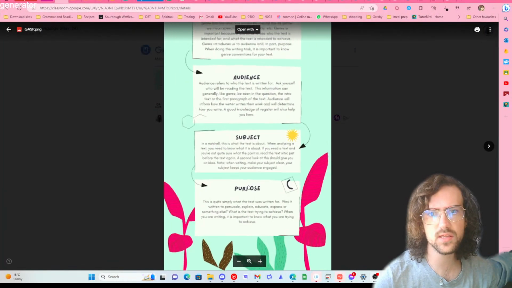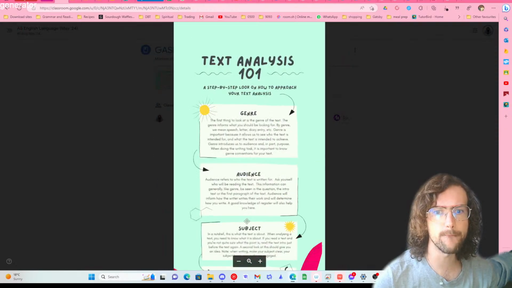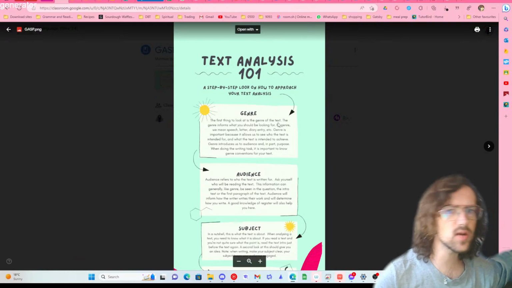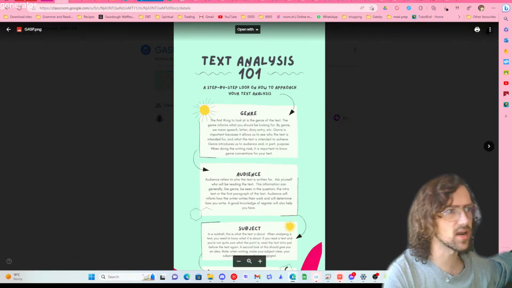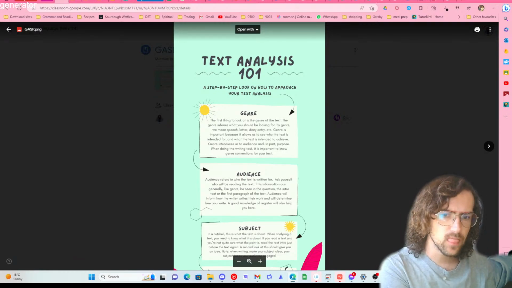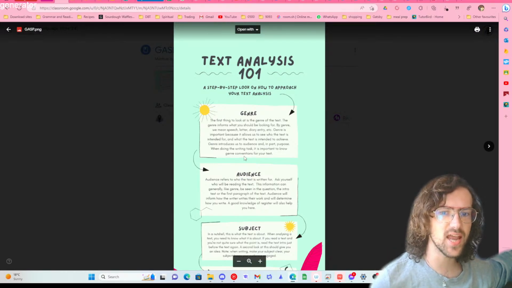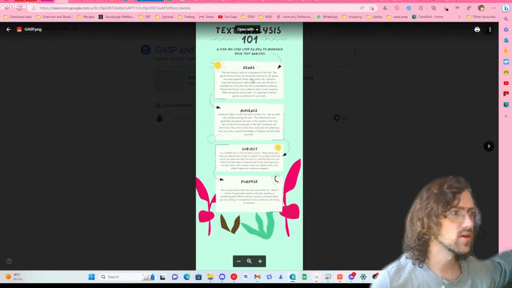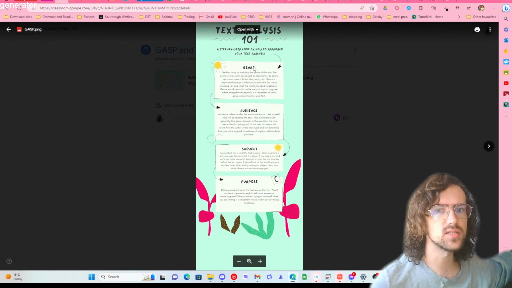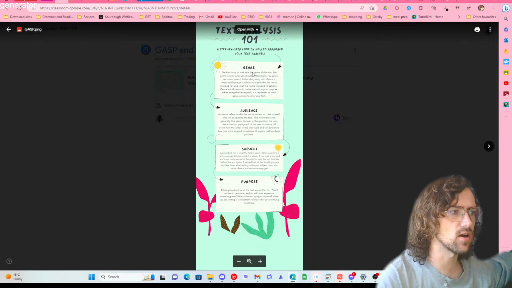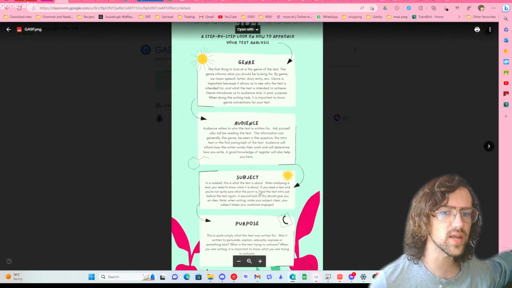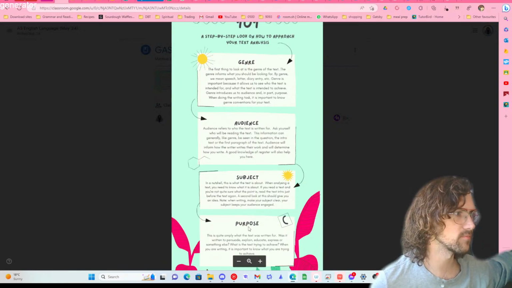So these are just little infographics I made. Generally, when we're looking at text analysis, the things that we need to be connecting everything back to, these are the foundations of what we're saying, and that is genre, audience, subject, and purpose.